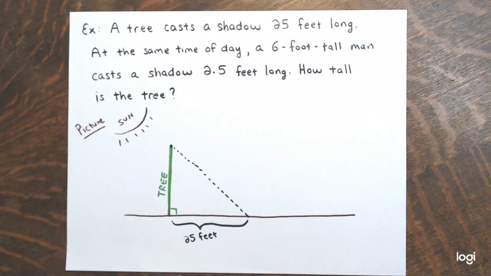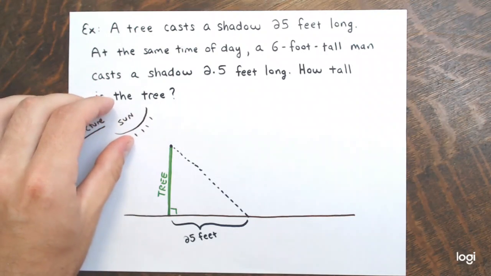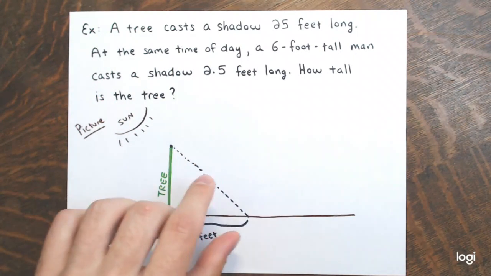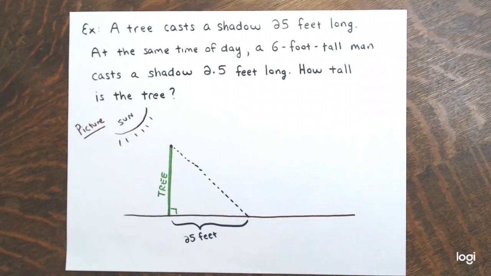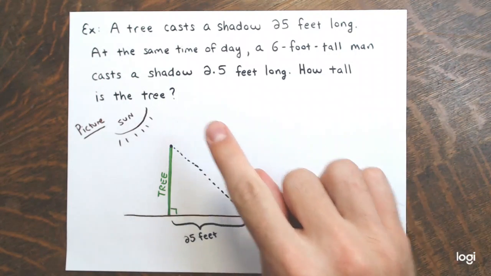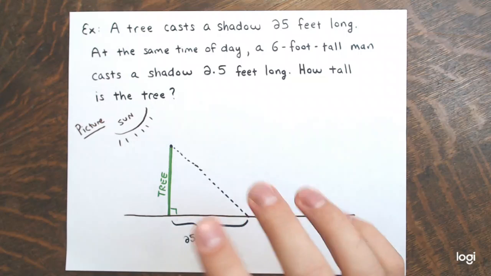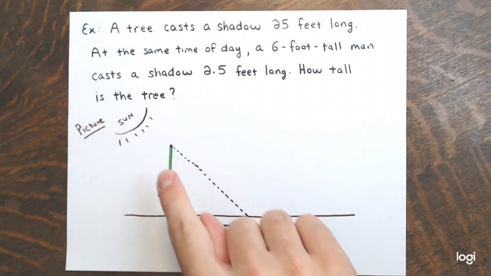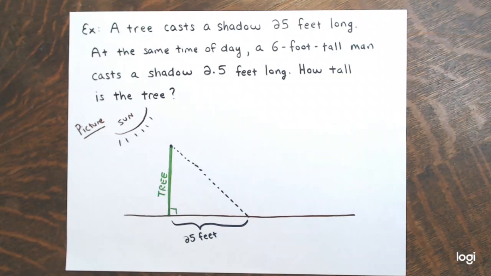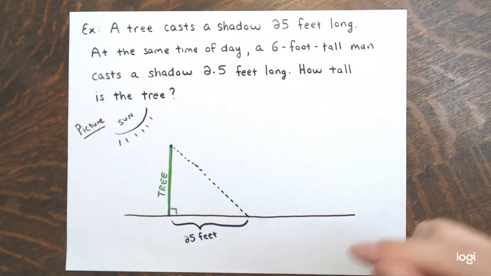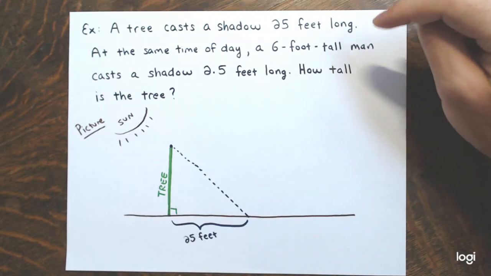Now they're saying at the same time of day, so the sun is in the same spot, and again in the same area, not miles away, because the farther away you go, the different the angle of the sun. You want the sun to be overhead at the same place as it is for the tree. We have a man, a 6 foot tall man.